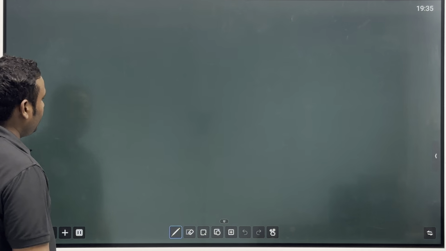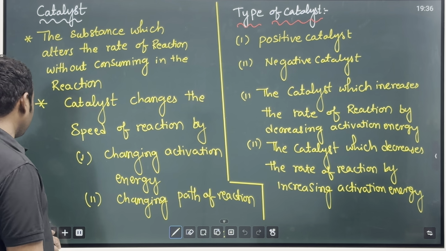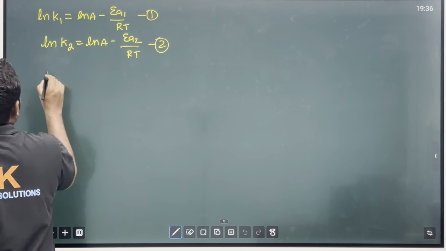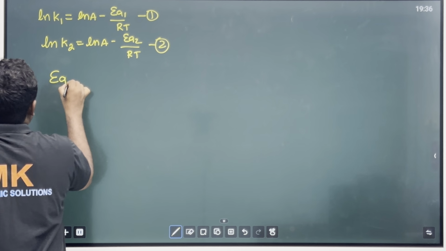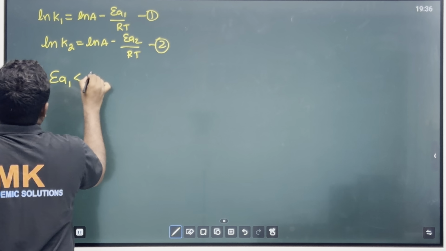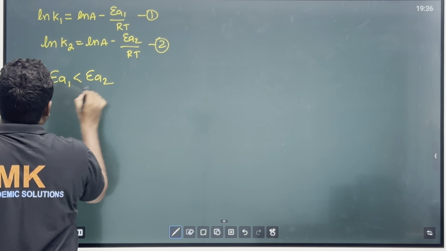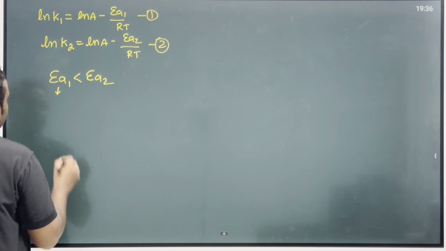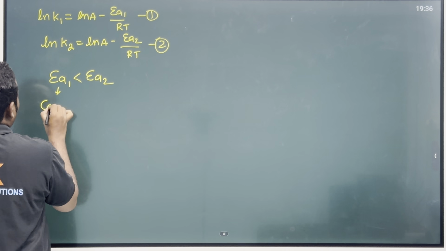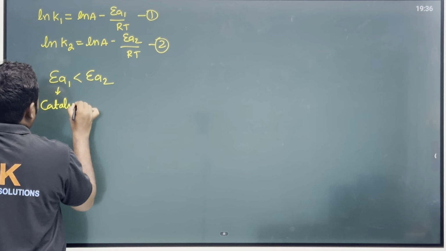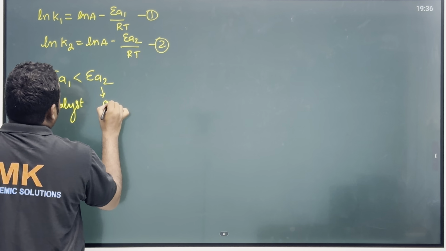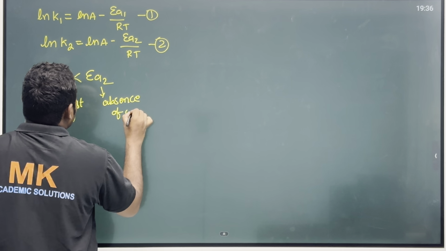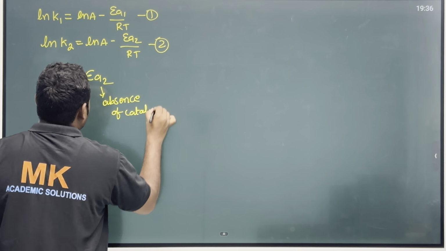So here activation energy 1 is less than activation energy 2. Why? Because it is the presence of positive catalyst in one case, and the absence of catalyst, meaning without catalyst, in the other.